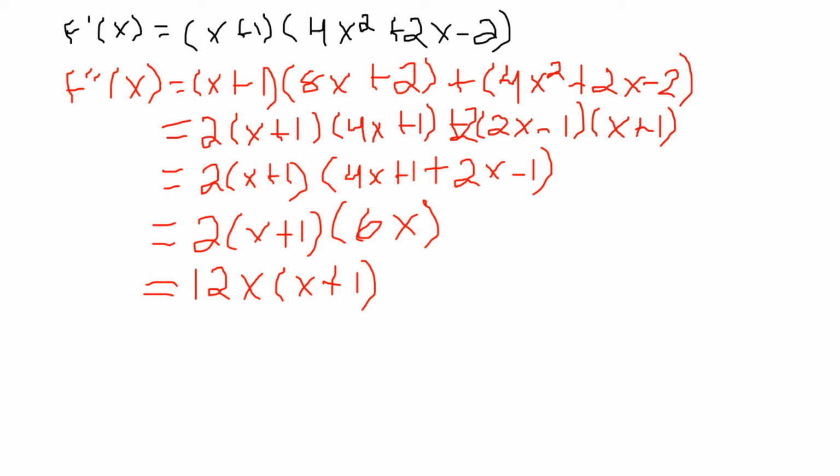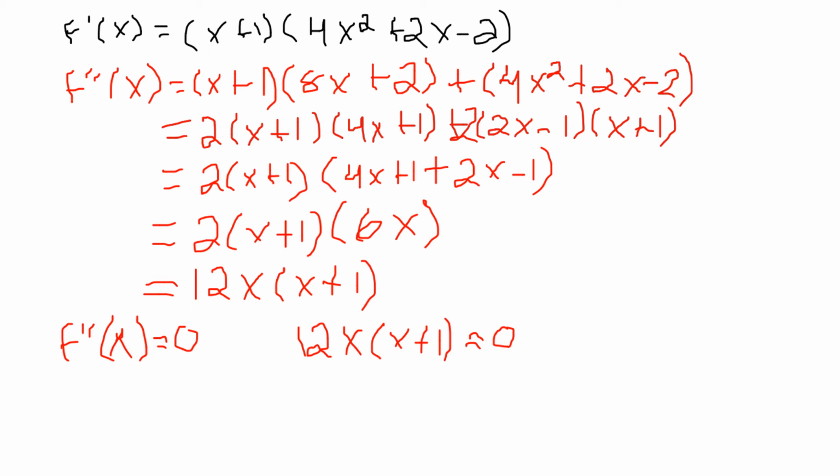So then we also know, remember that f double prime of x is equal to 0, so we set this equation here equal to 0, and we get 12x times x plus 1 is equal to 0.